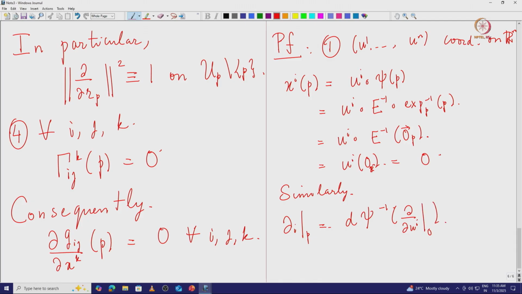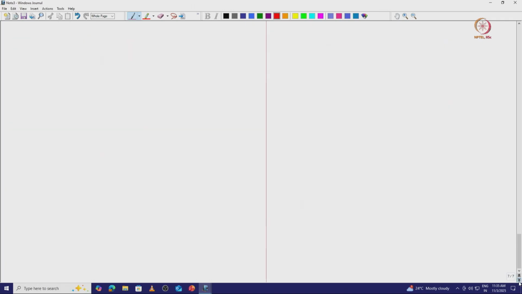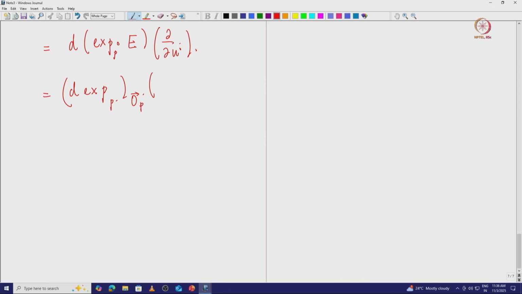But now what is psi inverse? That is just going to be the exponential composed with E, acting on del by del ui. So it is just the derivative of the exponential map at the tangent vector 0 of the derivative of the linear map E, which is E itself.